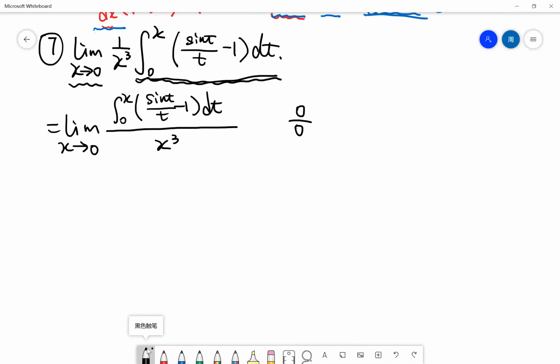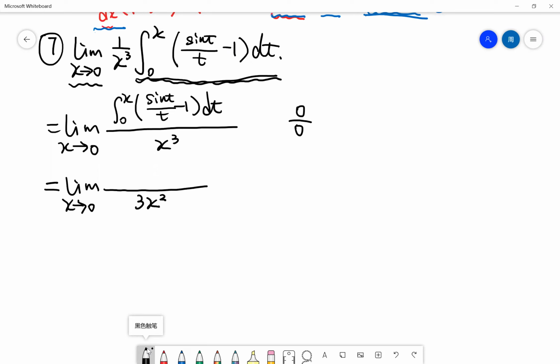So that equals here, as x approaches 0, we calculate the derivative up and down both, right? So here, down, that is easy, 3x power 2, right?